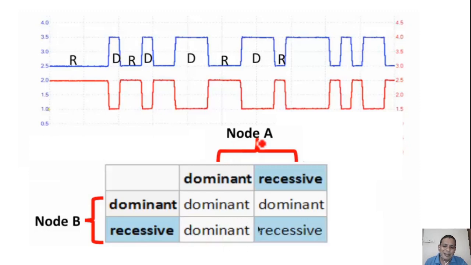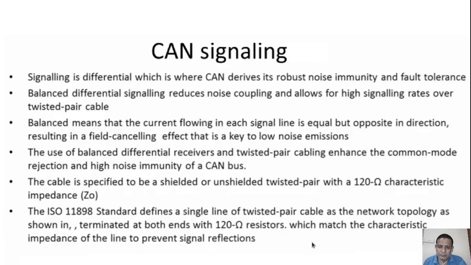So it is again dominant. Again, if both are recessive, the bus will be recessive in nature.